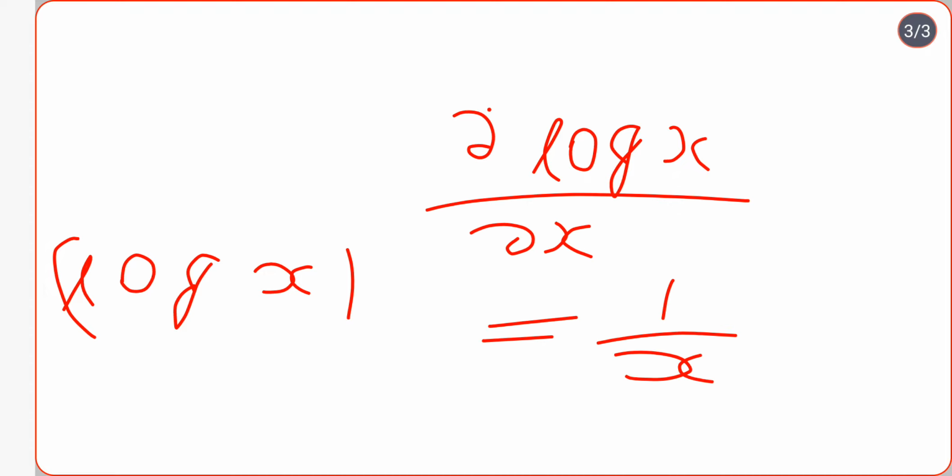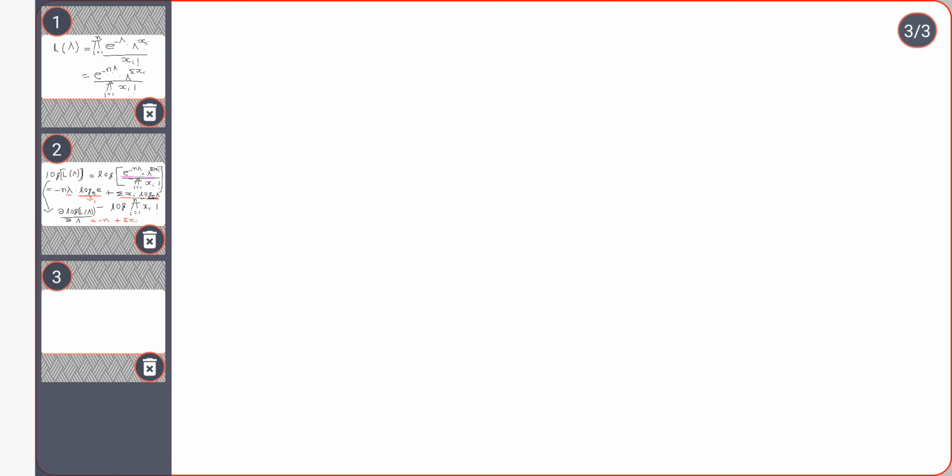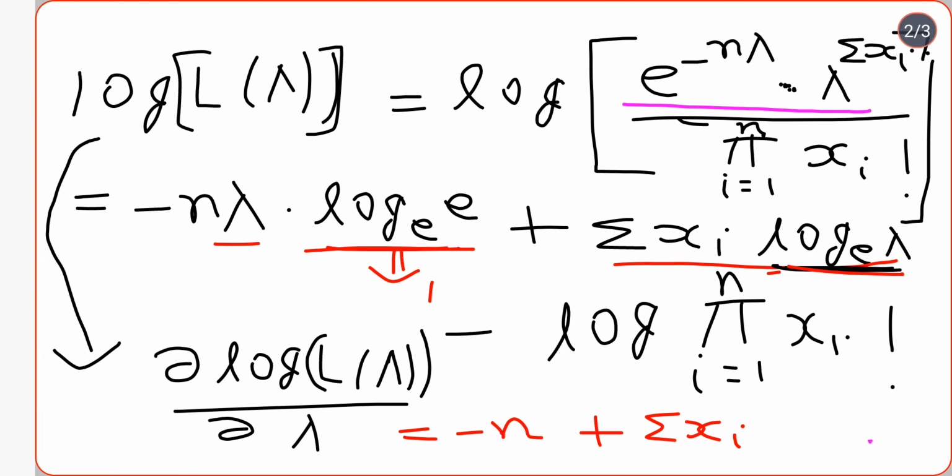We will get 1 by x, right? That is very easy, we all know these logarithmic rules. So log e base lambda, if we do the derivative, it will be nothing but 1 by lambda, and this part doesn't have any lambda, so it will be treated as a constant. If we differentiate it, it will be completely converted into 0, and we will get minus 0. So minus 0 is not even required to be written.